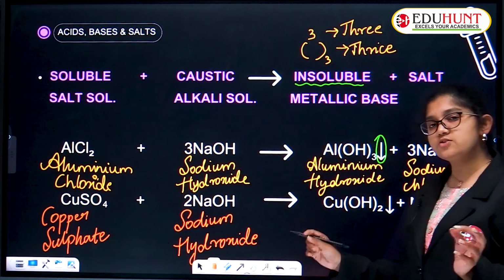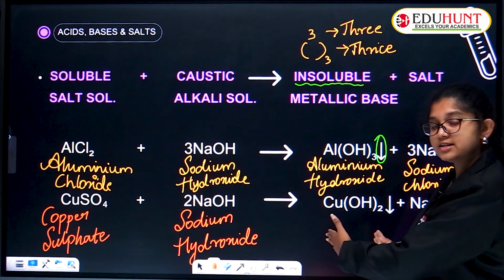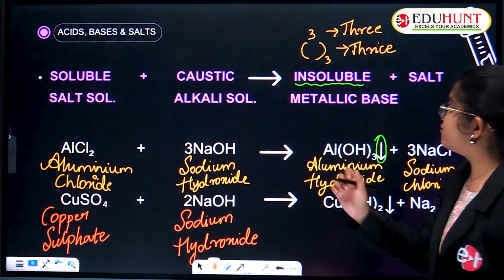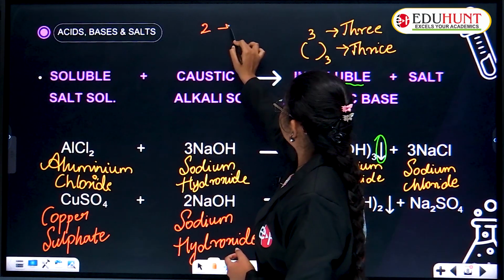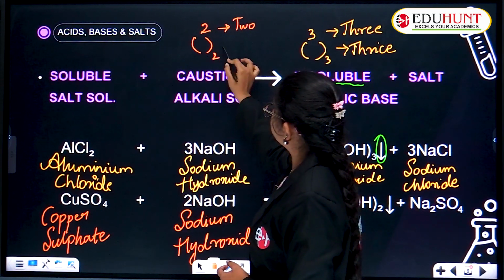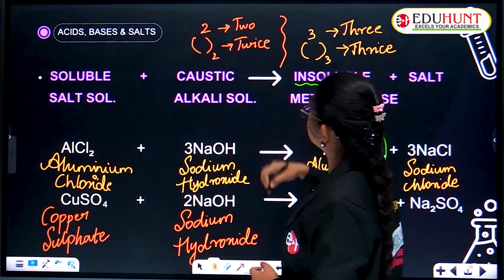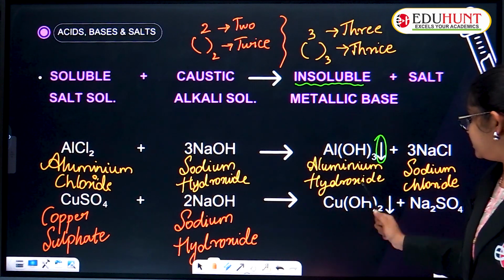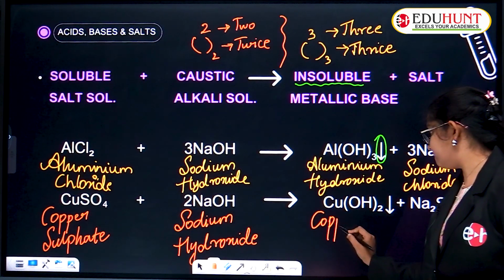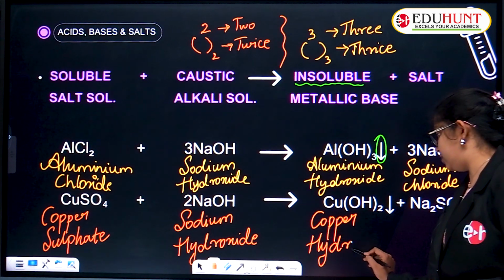We again get an insoluble metallic base, different in this example, that is Cu(OH)2. If it is bracket 2, it is read as twice. Okay, you have to read the difference. Cu(OH)2 is called copper hydroxide. Very good.